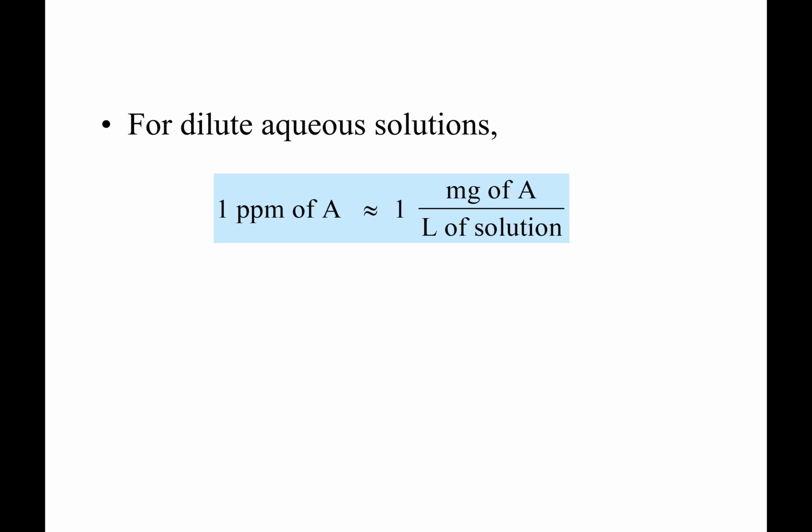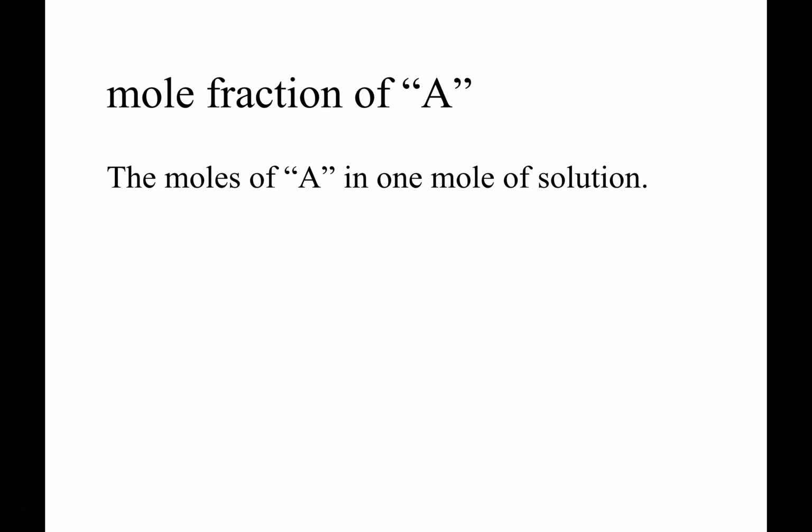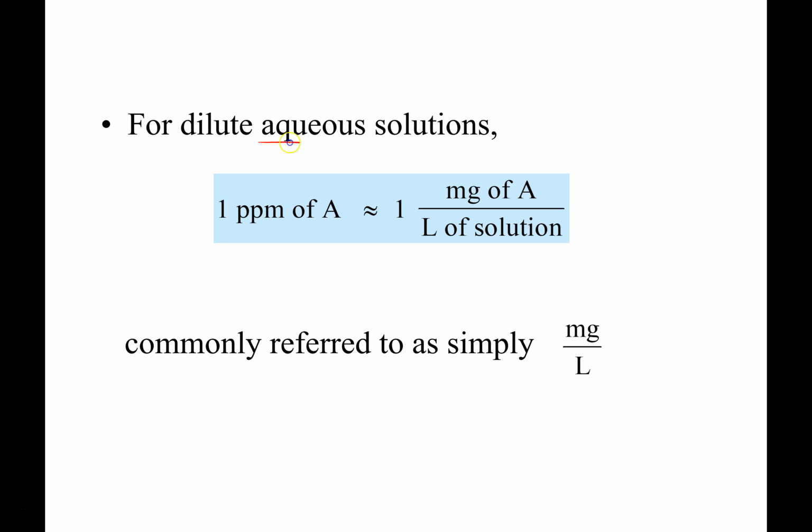Now here's a trick for you. The way this works is if water is your solvent and you don't have much solute, which means it's a dilute aqueous solution, then the parts per million of a component is approximately equal to milligrams of that component per liter of solution. I didn't do the proof because I just think it's so interesting.